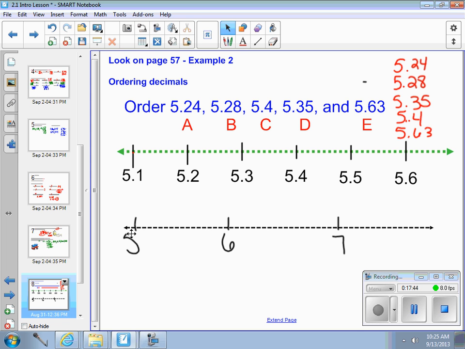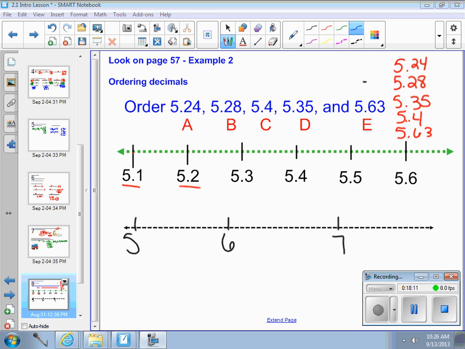But notice that between the 5.1 and the 5.2, there are 10 digits, like a place value. So you are going to be able to plot them on this number line. There are 10 tick marks between 5.1 and 5.2, 5.2 and 5.3. So let us plot these. 5.24.